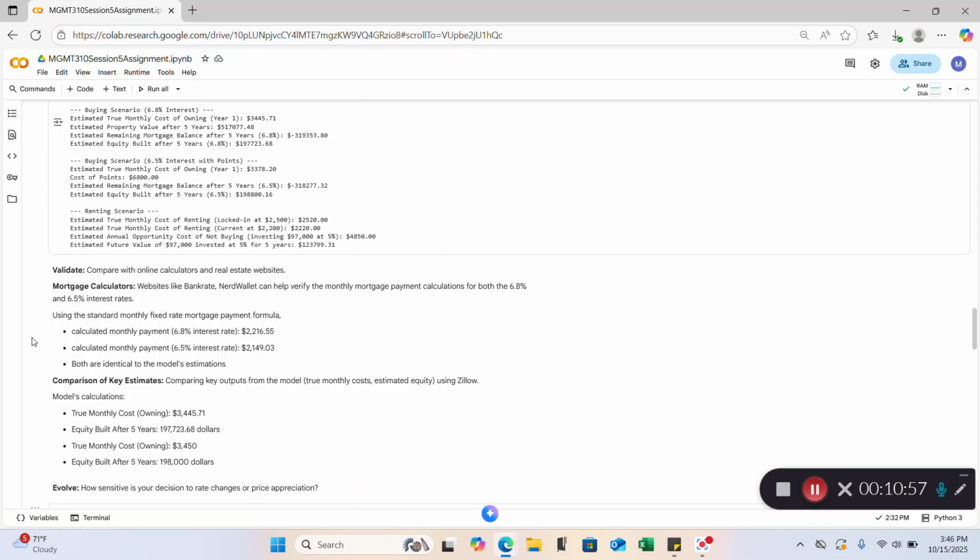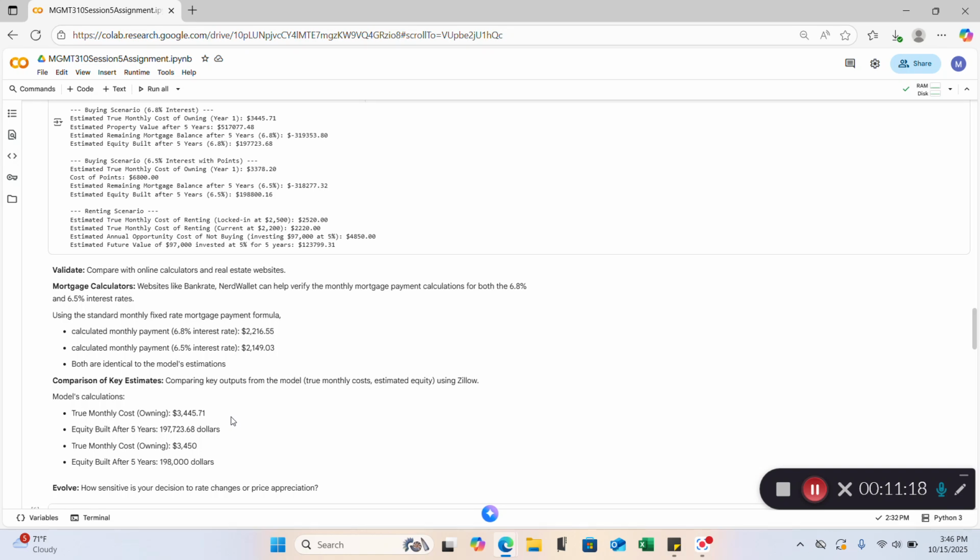And the next thing would be our comparison of those key estimates, like true monthly cost and estimated equity. I used Zillow for those calculations. In our model's calculation, the true monthly cost of owning would be 3445.71.